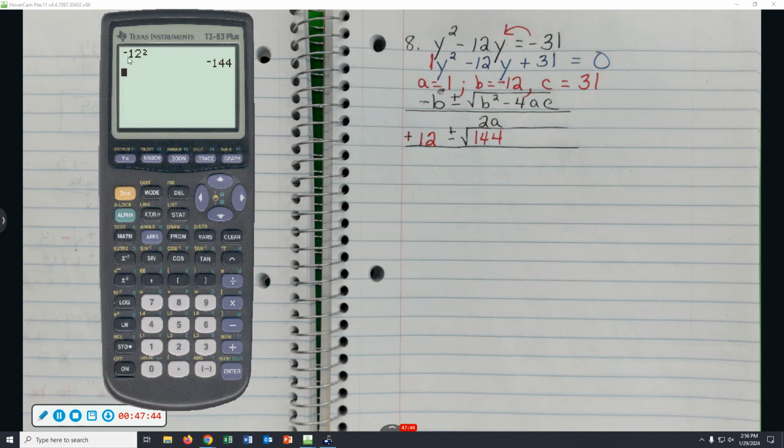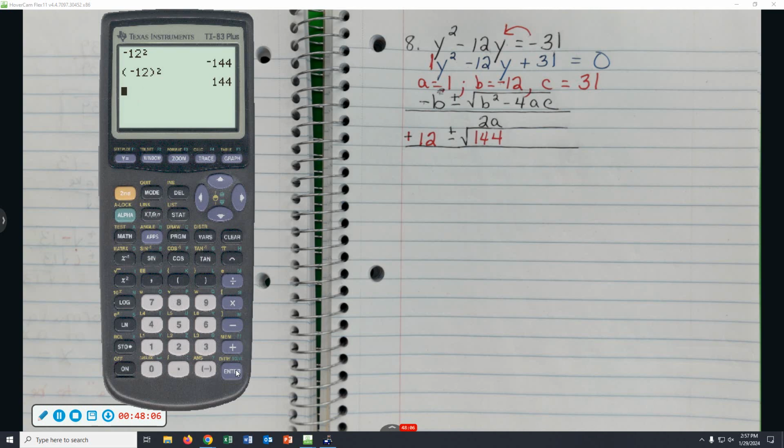If you're going to square a negative number on a calculator like this, you've got to put the negative in parentheses. Right, negative 12 in parentheses squared. So 144. Okay? So I've been meaning to mention that, and now seems an appropriate time.